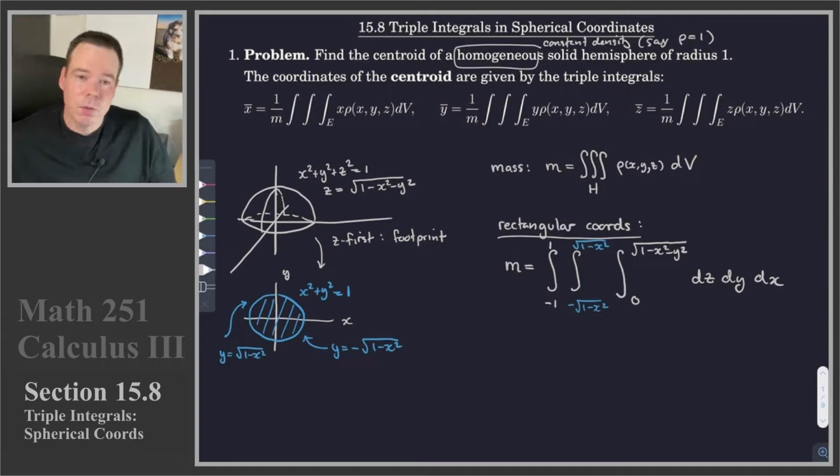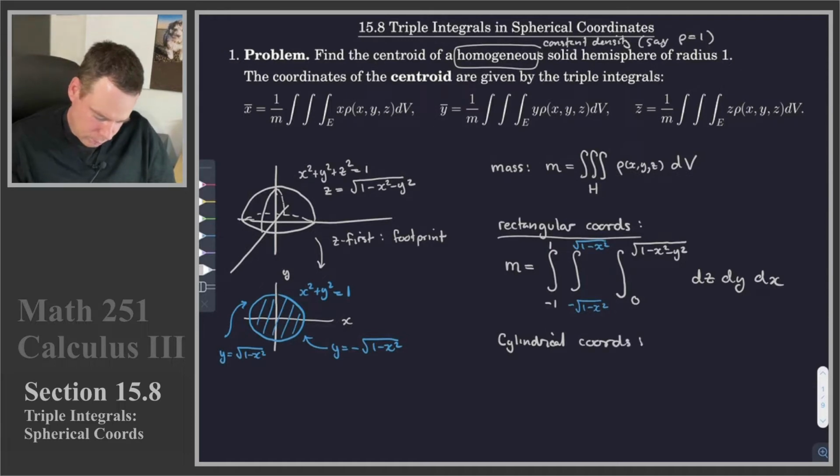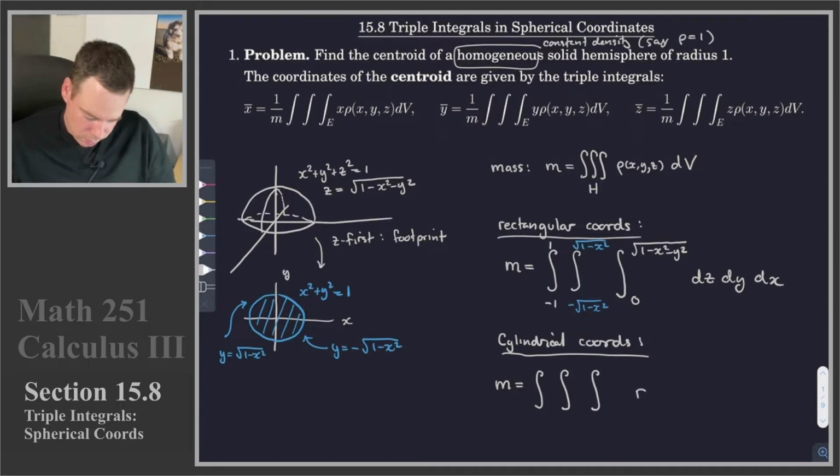But since we're integrating over a circular disk, a very natural reaction is to say, well, let's use polar coordinates for that. So in other words, we're going to use cylindrical coordinates over the whole thing. If we were to set this same thing up with cylindrical coordinates, our integral would be over the disk, and then our z value, and then cylindrical coordinates would be r, and let's do it dz, dr, d theta.